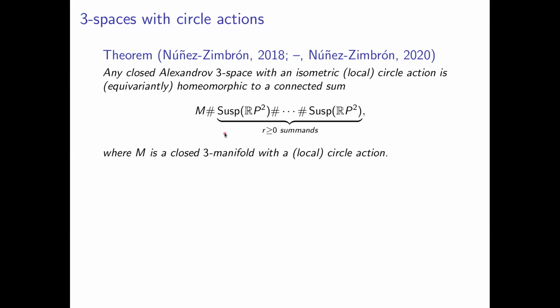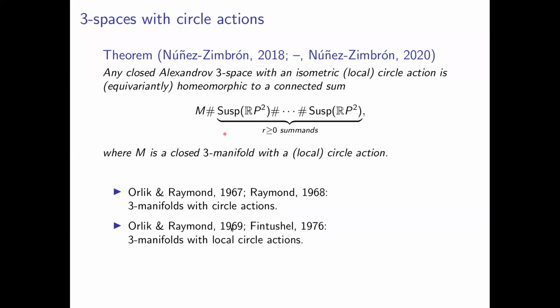So in particular, these spaces collapse to a two-dimensional thing. So then one uses this theorem to control many of these cases. And this theorem unifies work for manifolds that was done in the 60s, like Raymond for circle actions, and later Orlik and Raymond and Fintushel for local circle actions.